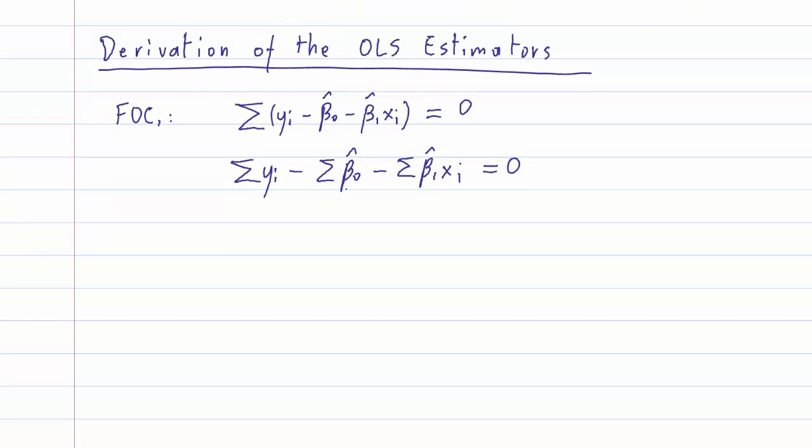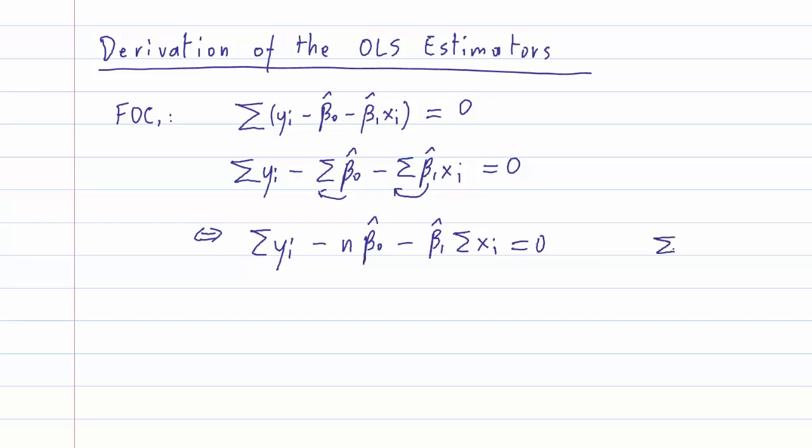Again, beta 0 hat is constant, so we can get it out of the sum, and beta 1 too. So this becomes the sum of yi minus n times beta 0 hat minus beta 1 hat times the sum of xi.